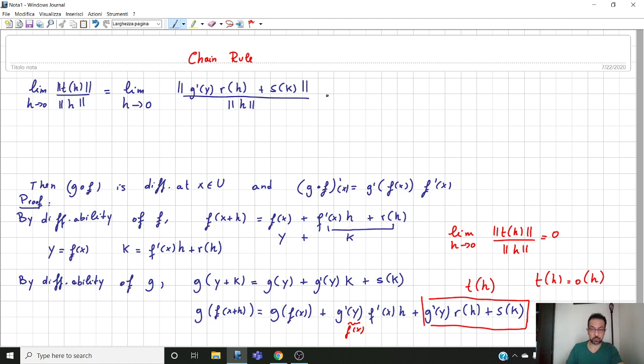At this point we are going to use the fact that the norm of a product is less than or equal to the product of the norms.